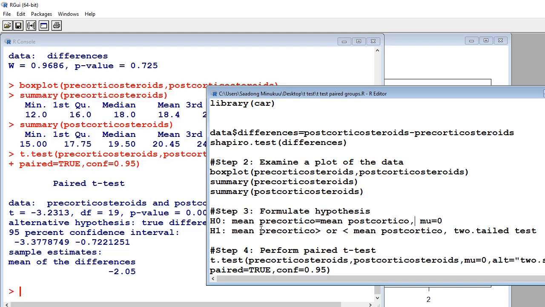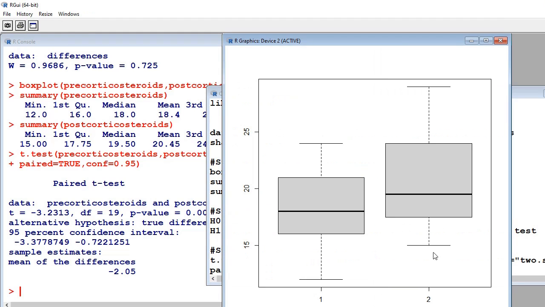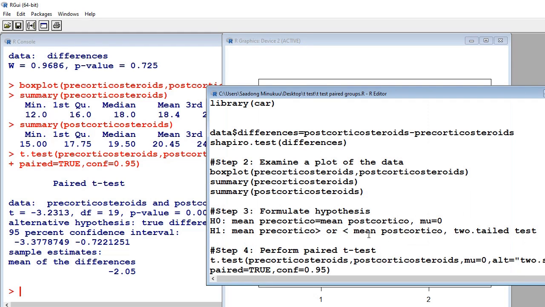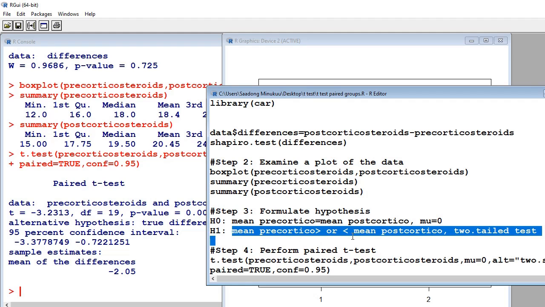But in this case we cannot say lower, because when we calculated the sample differences, and even when we did our box plot, we realized that the post group had higher BMI values. So this suggests that the alternative hypothesis is what we're going to conclude our test on.